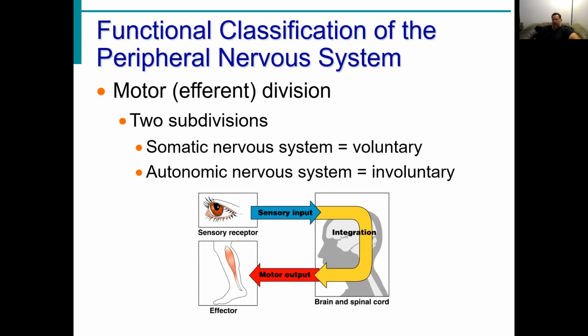Now, the motor division can be broken up into two subdivisions: a somatic nervous system, which is voluntary, and an autonomic nervous system, which is involuntary. So again, this goes along with what you remember from skeletal muscles and so forth, where you can move your arms, and while you might not have to necessarily think about it, it's still part of what we call voluntary.